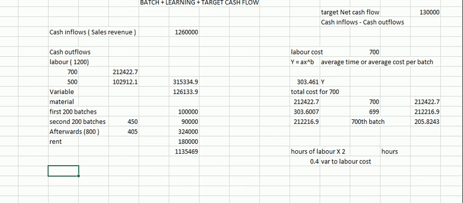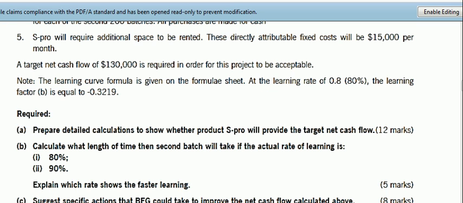1,135,469. So our net cash flow should be all cash inflows, which is 126,000,000, less 1,135,469. It comes out to be 124,531. In our question, we were asked in requirement A to prepare detailed calculations to show whether product Aspro will provide the target net cash flows.